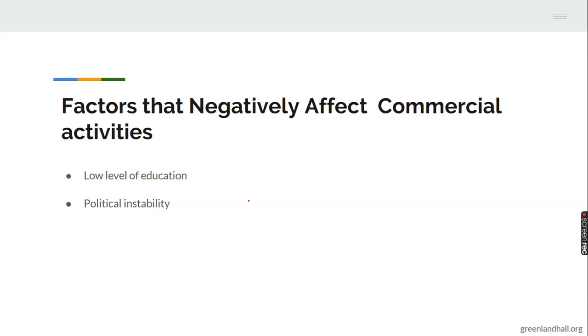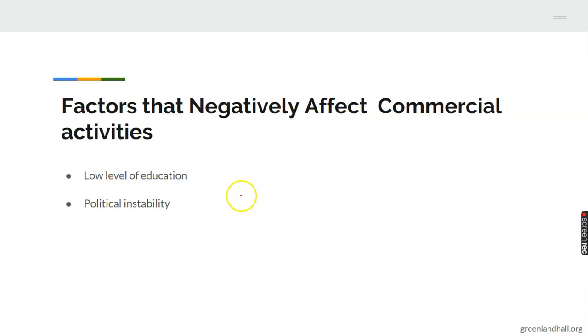Then low level of education. So the level of education was very poor, and it has affected the access to information and knowing how to go about some of these major commercial activities.